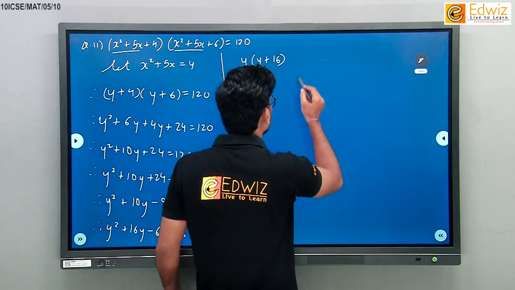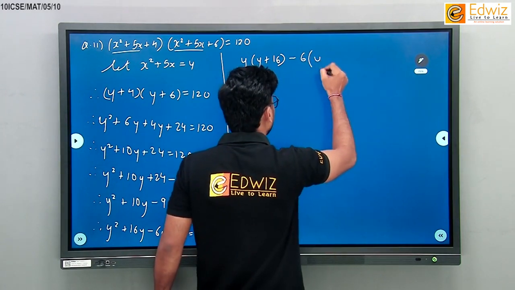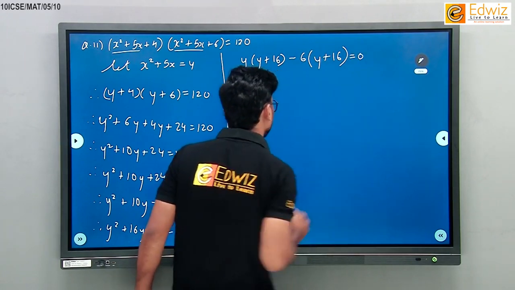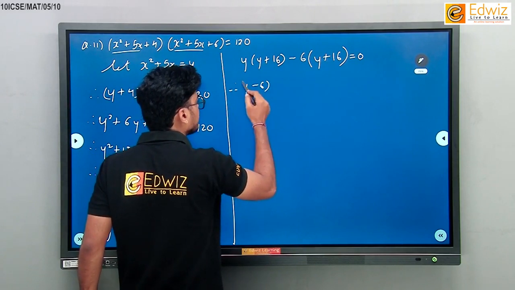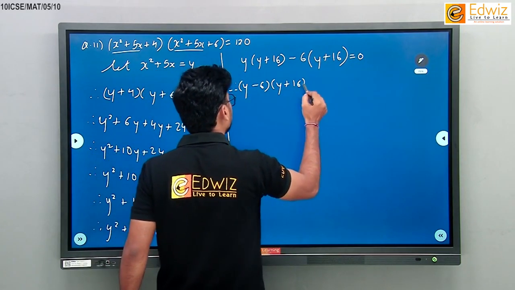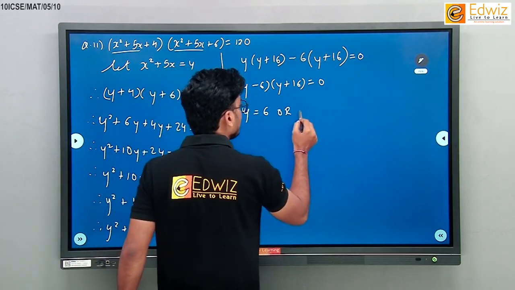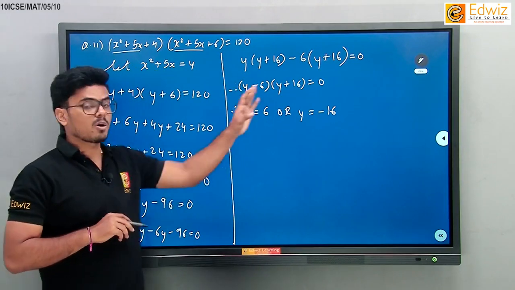In the second two terms minus 6 can be taken common. If we take a negative number common, we will get a positive number here. So 6 sixteens are 96, which is equal to 0. The two brackets are (y minus 6) multiplied by (y plus 16) equal to 0. That means y is either 6 or y is minus 16, correct? So 6 or minus 16.